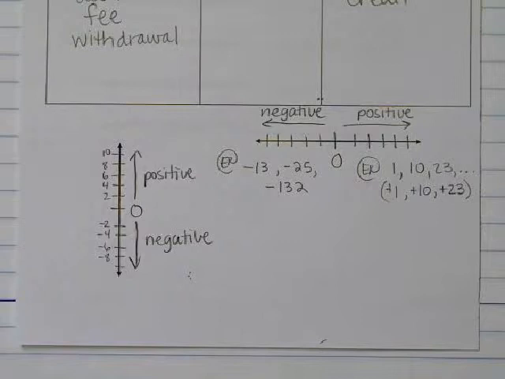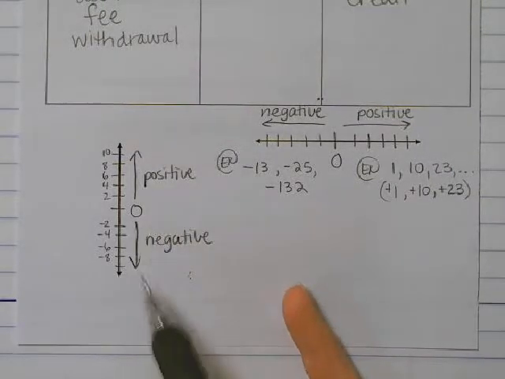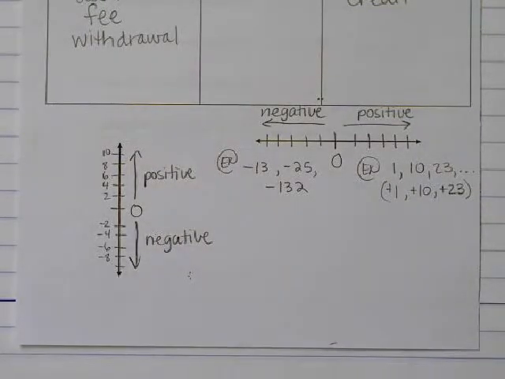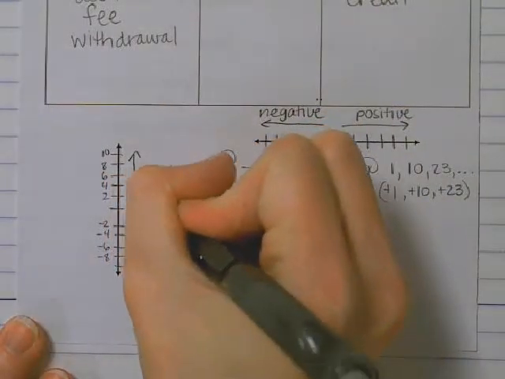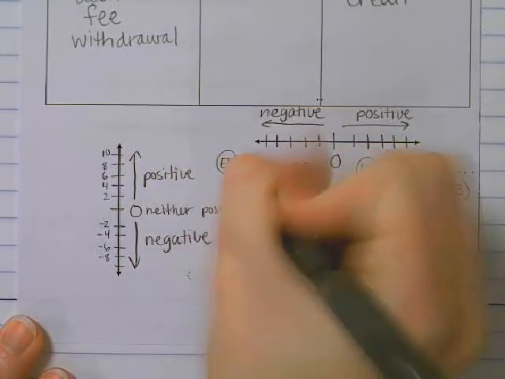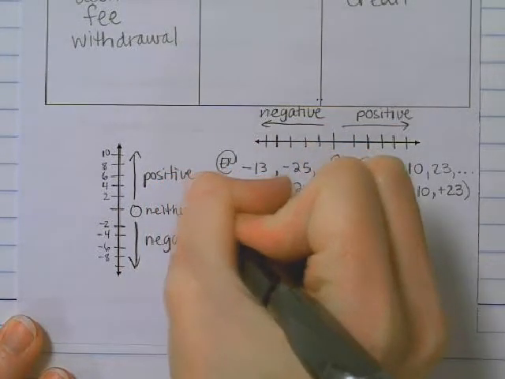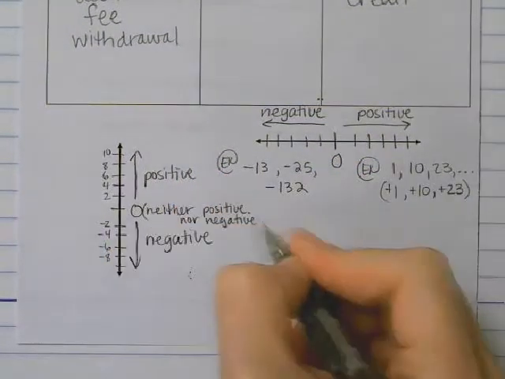Now here's the next thing. 0. Now, is 0 included in my arrows here? No, because 0 is neither positive nor negative. Okay, so that's something that you have to keep in mind. 0 is neither positive nor negative.